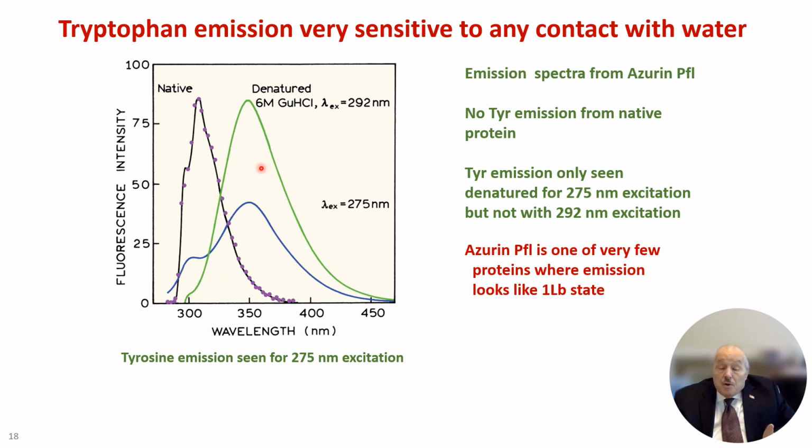It shifts to the normal unstructured emission spectra, 350 nanometers. That's the only thing you see at the longer wavelength excitation. If you go to the shorter wavelength excitation, you can see contributions of both tyrosine and tryptophan. But this shows you how sensitive the tryptophan emission is to even modest contact with water.